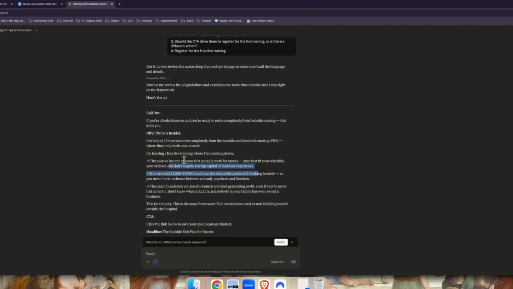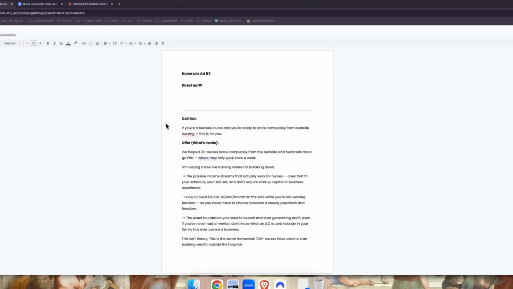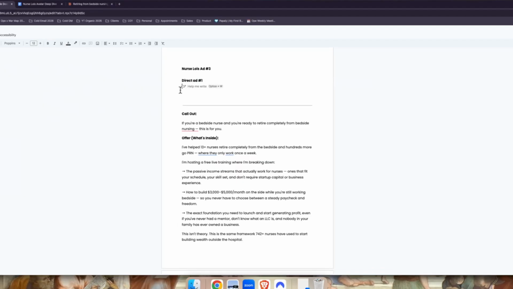Let's go and edit this, put it in the doc, and then we'll come back and write the second direct ad. So this is how I label it inside of the doc. This is ad 3. So when you write any one, it's ad 4, 5, 6, 7, 8, and so on and so forth. I always state the type of ad that it is. It's a direct ad, and I'm going to also state the angle here. The angle, or the niche within the niche you're targeting with the ad.